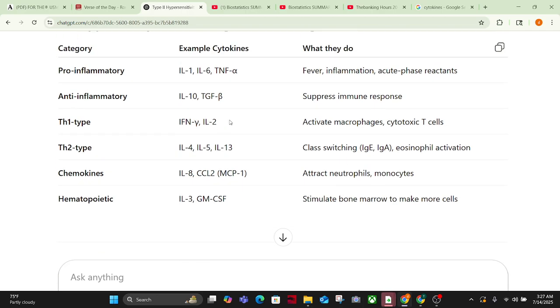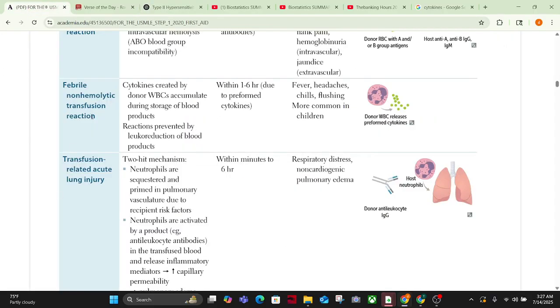So here in febrile non-hemolytic transfusion reaction, what happens is the donor white blood cells accumulate in the blood bank. The white blood cells produce increased cytokines, and this causes fever, chills, and flushing.